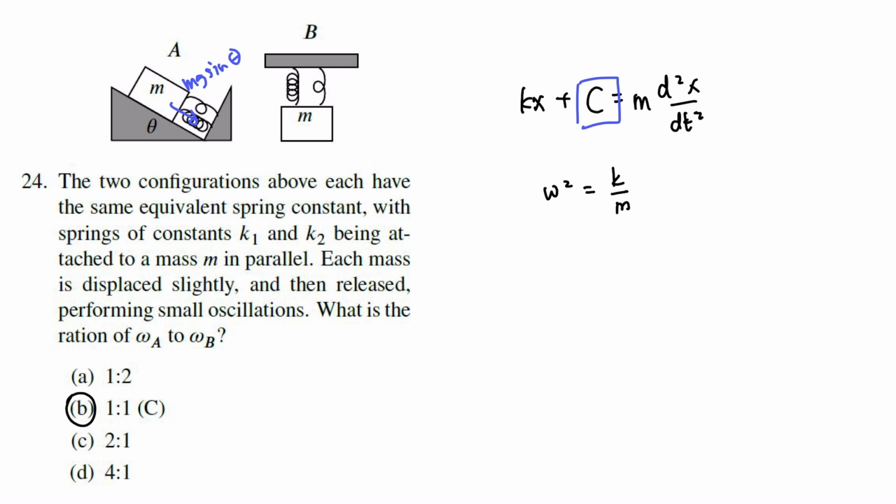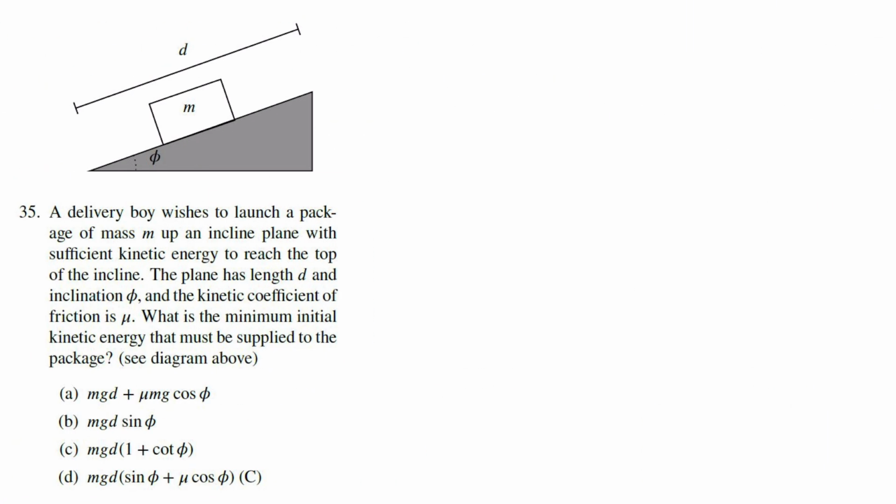The c, the constant force value or the constant in these differential equations, doesn't actually change anything for the omega values, so the ratio is still the same. What would change it is if we changed the mass between the two configurations or if we changed the springs that we use to achieve a different equivalent spring constant. But in this scenario, we're not doing either of those two things, so the ratio stays the same.